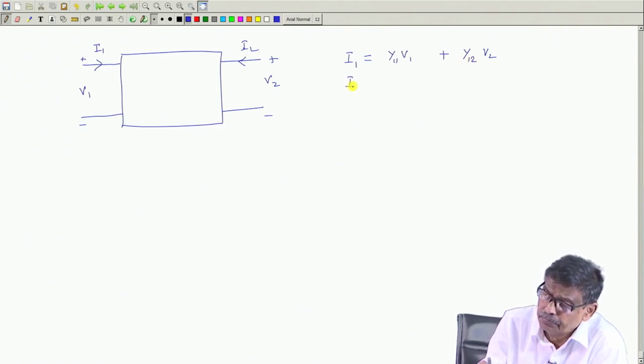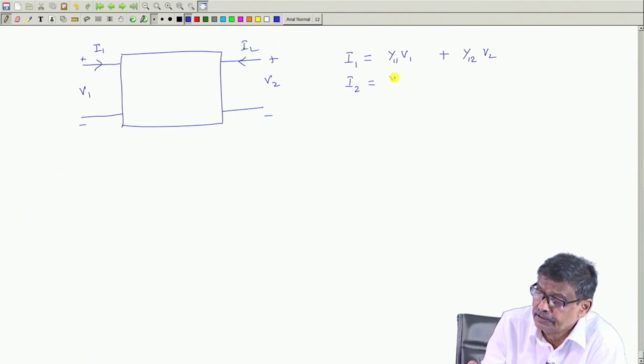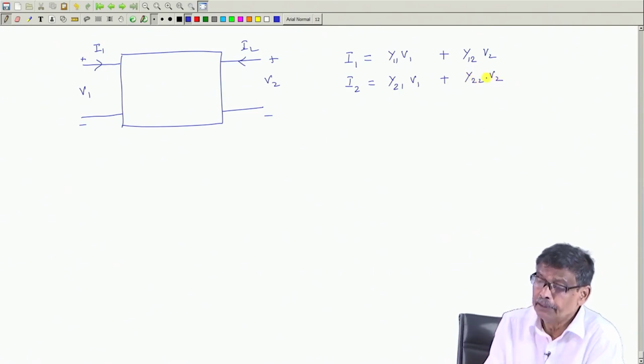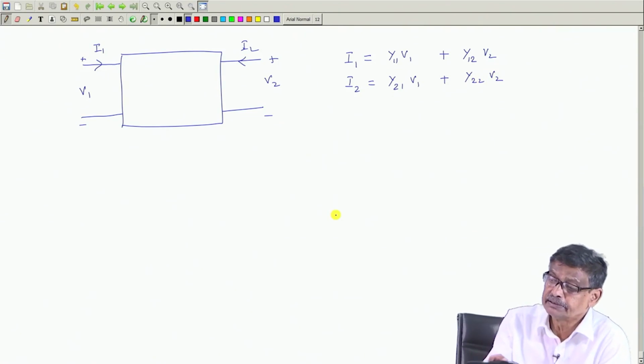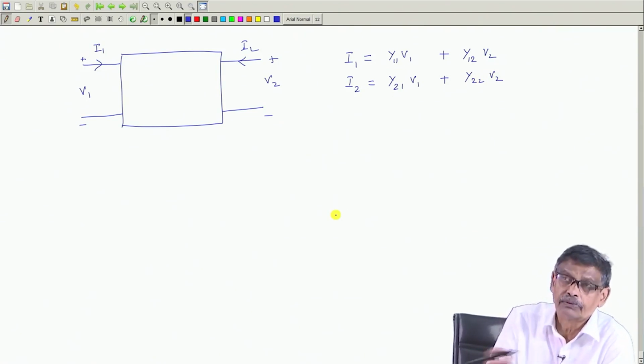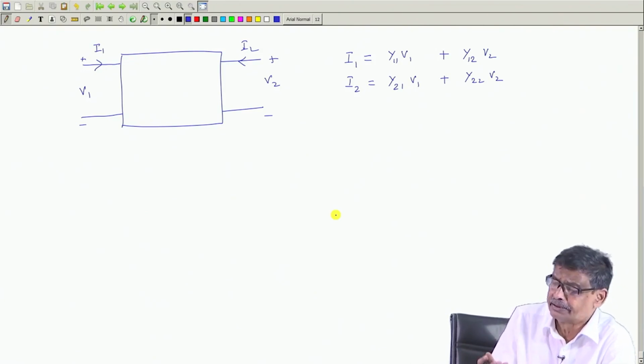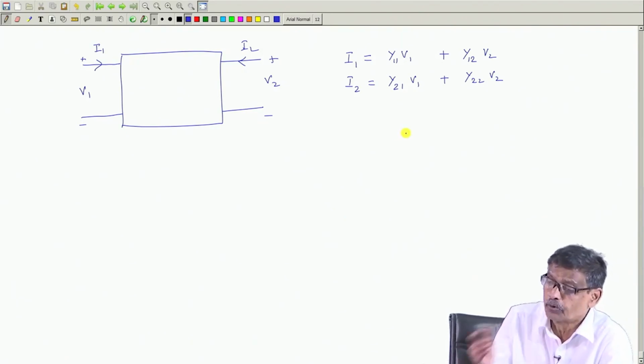Similarly, I 2 can be expressed in this form, Y 21 V 1 plus Y 22 V 2. In these expressions, for the same two-port network, one could also say that they relate the input and output port currents to the input port voltage and output port voltage.